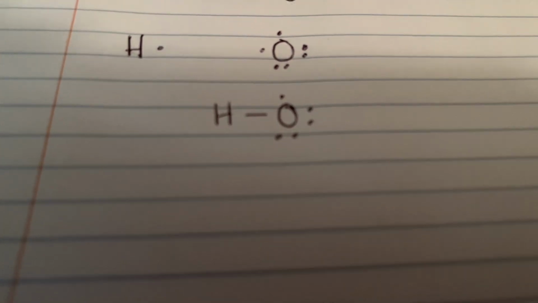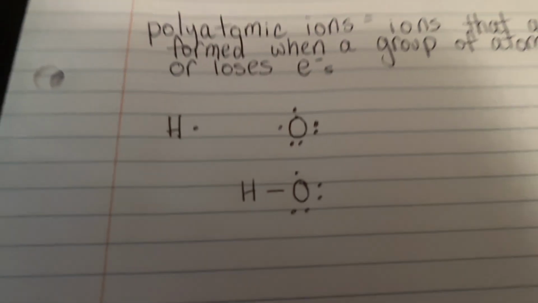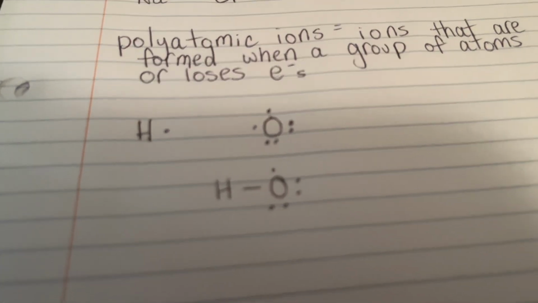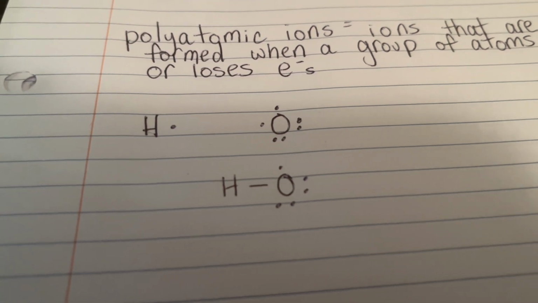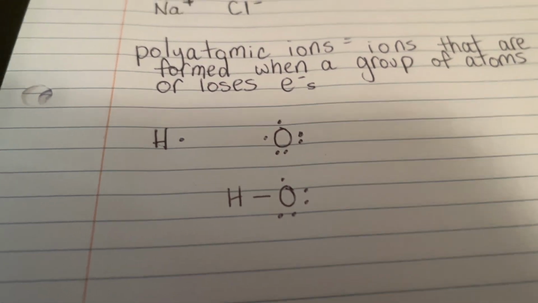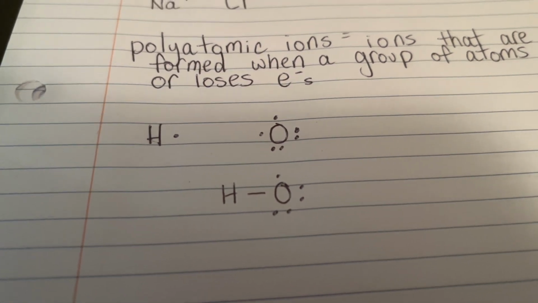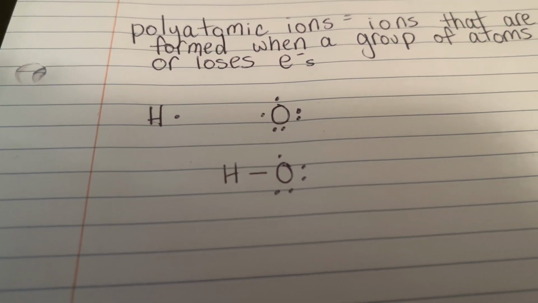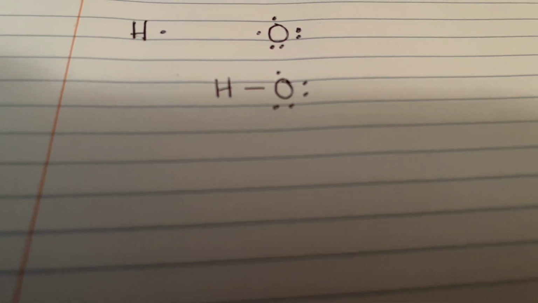But this is kind of problematic, right? While my hydrogen's happy because it has 2 electrons, it's in its ideal state, my oxygen is not happy. It has 7 valence electrons, not 8. So you can assume a stable molecule of this cannot exist, okay? Because this is not an ideal state. I hope that makes sense.